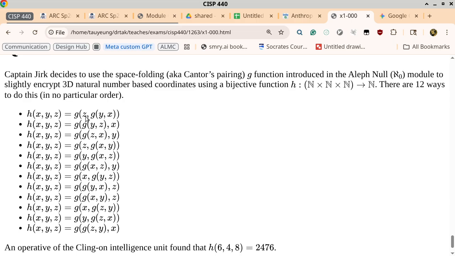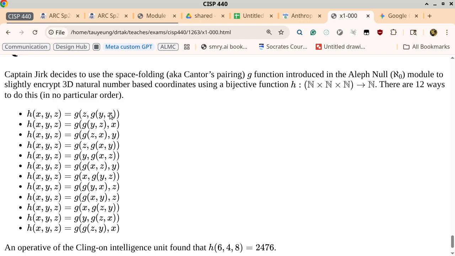The first natural number is simply z. The second natural number is the result of applying g to y and x in that particular order. So it's a nested call of g, in order to fold three natural numbers into a single natural number, and there are 12 ways to do it. Are we good so far?